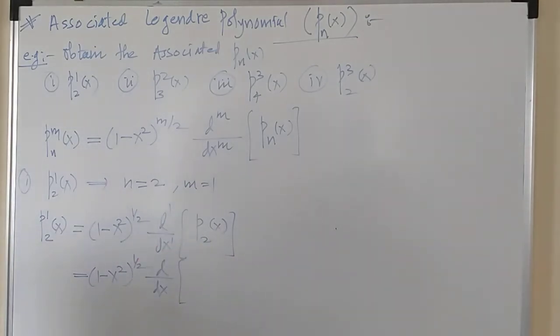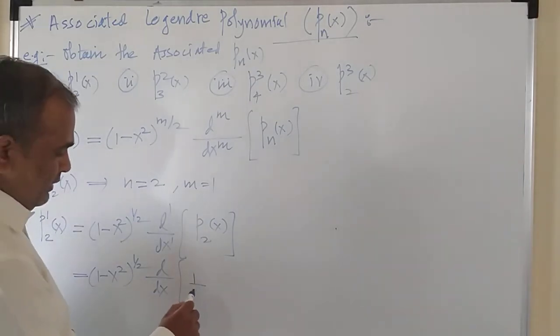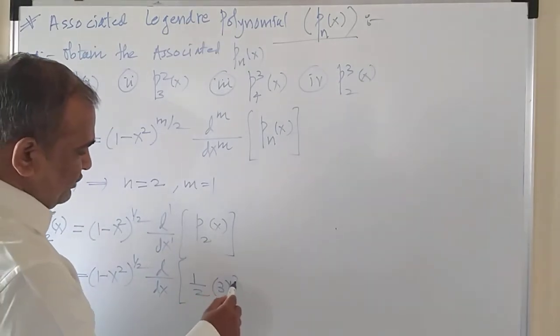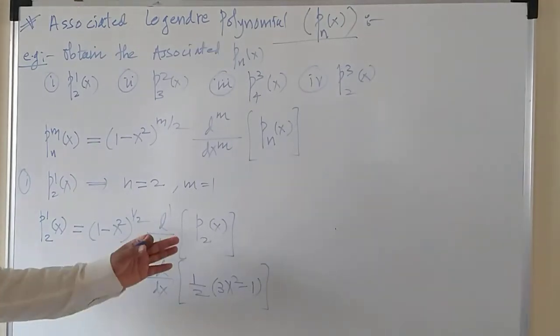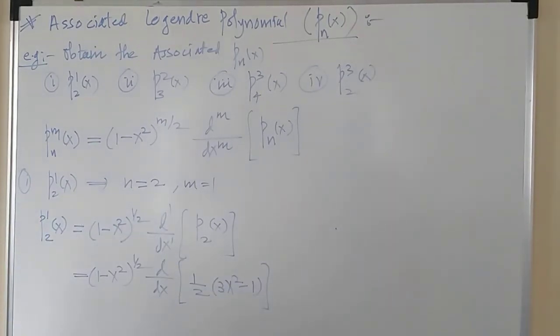P1 of x is equal to x and P2 of x has a value equal to 1 half into 3x square minus 1, if you remember. If not, go back and see what is the value of P2 of x. If you take the derivative of this, then we will get P21 of x.